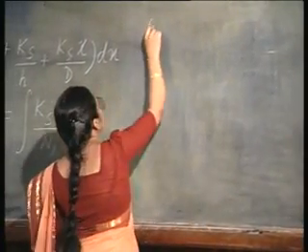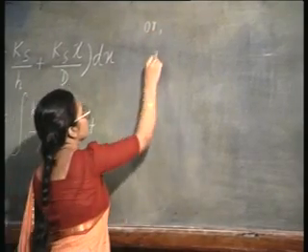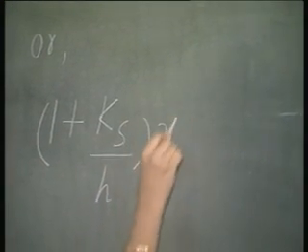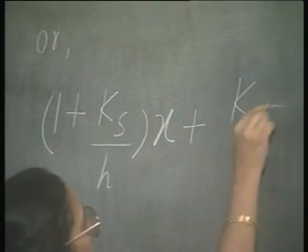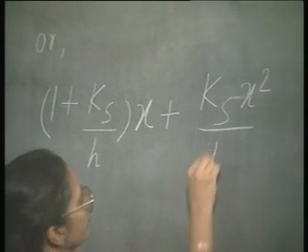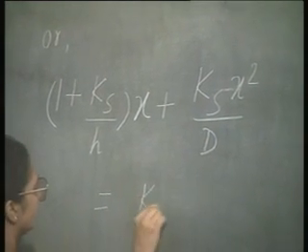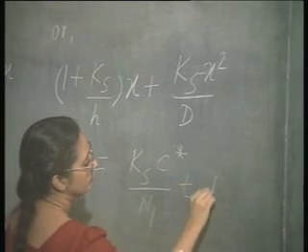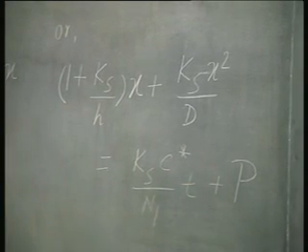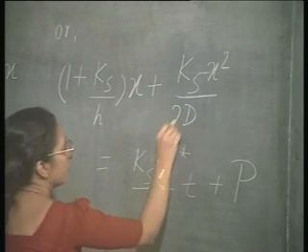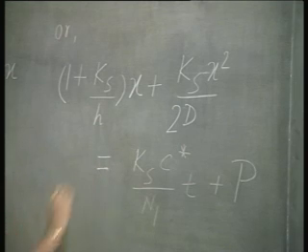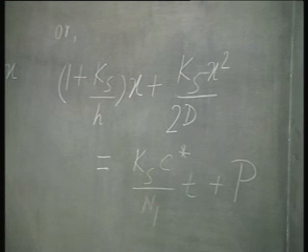Or I could say, I can say 1 plus Ks by h multiplied by x plus Ks x square by 2d is equal to Ks C star by n1 times t plus the integration constant p.